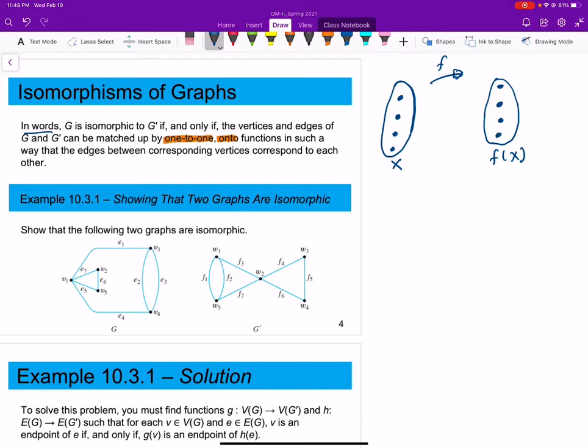Then the function works like this. That means for every single value here, there should be one value over there. If that happens, we call that one-to-one.